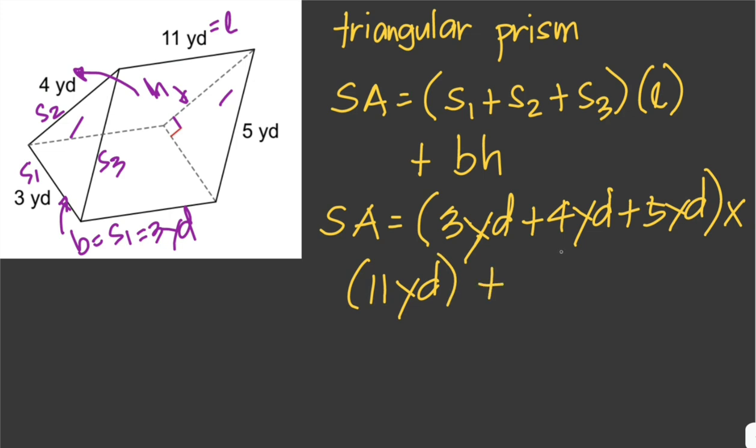Then plus base times height, the base is 3 yards times the height, which is 4 yards.